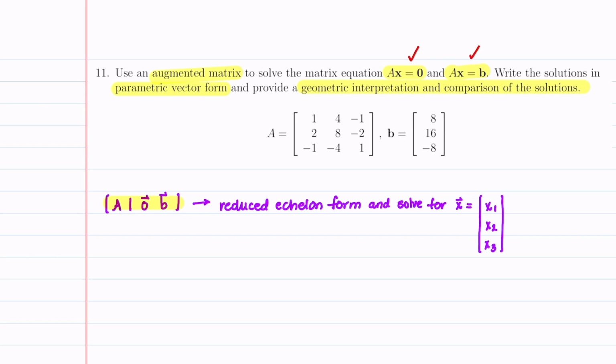We're then going to put this augmented matrix in reduced echelon form, solve for our vector x, and write our solution as a vector. That's what it means to write a solution in parametric vector form.